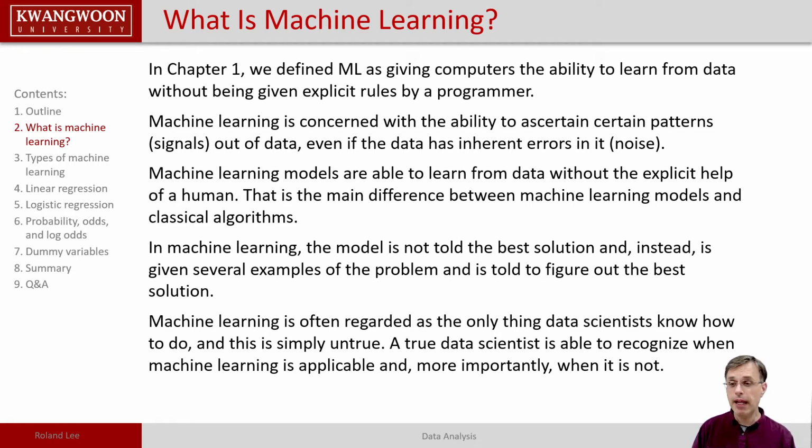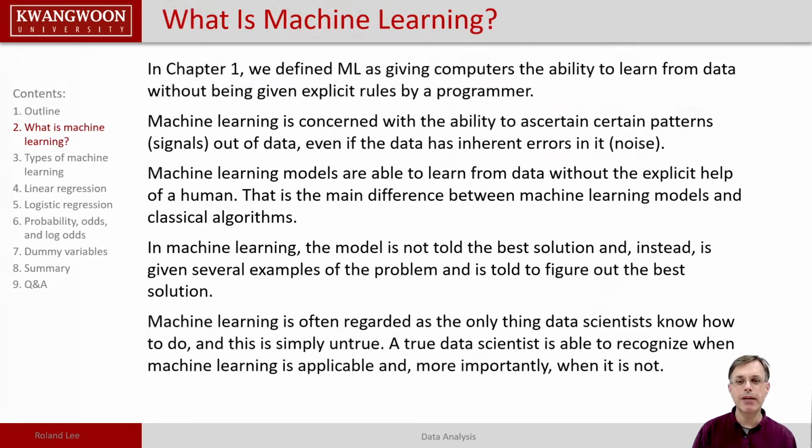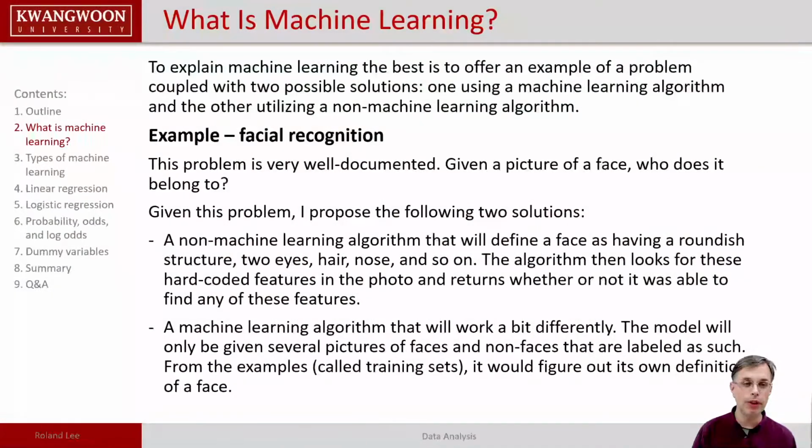It is on the same level as statistical tests, like chi-square or t-tests, or Bayes probability statistics used to estimate population parameters. Machine learning is often regarded as the only thing data scientists know how to do, and this is simply stupidity. A true data scientist is able to recognize when machine learning is applicable and, more importantly, when it's not.